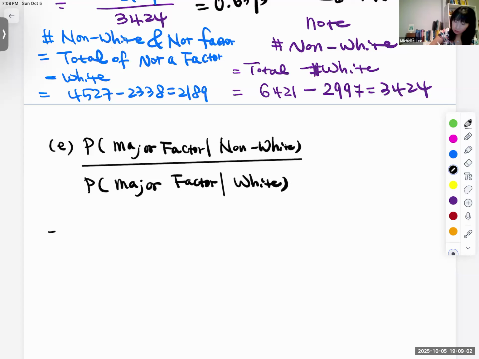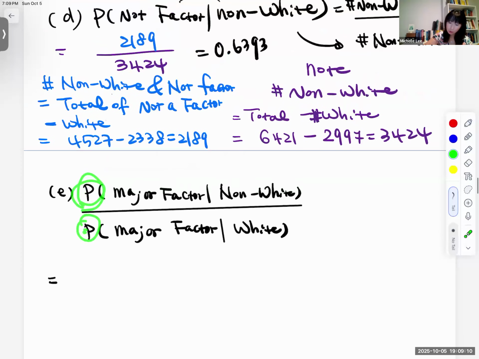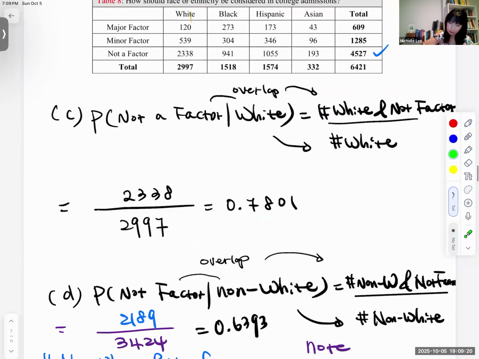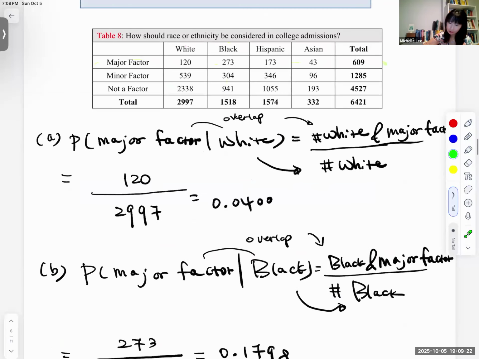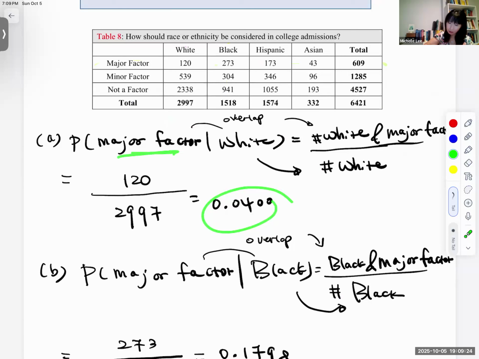Okay, so in that case, we can use probability because we already found, let's talk about the denominator first. From the A part, we had major factor given the white, right? So 0.0400.